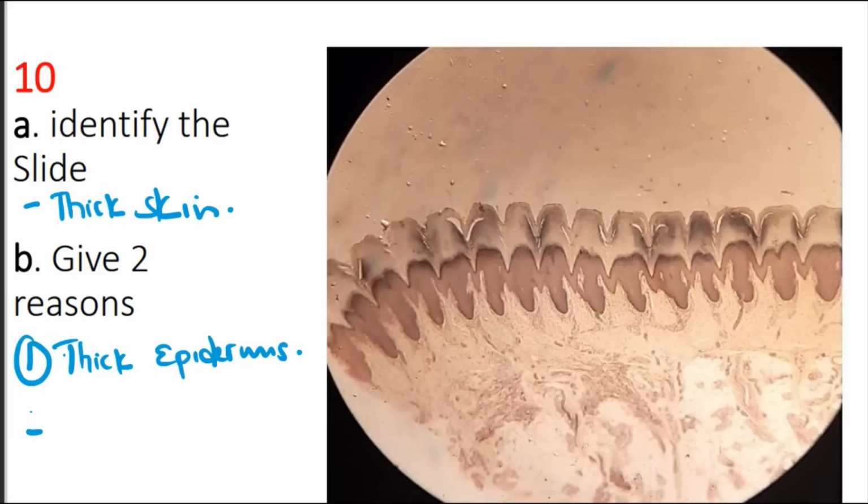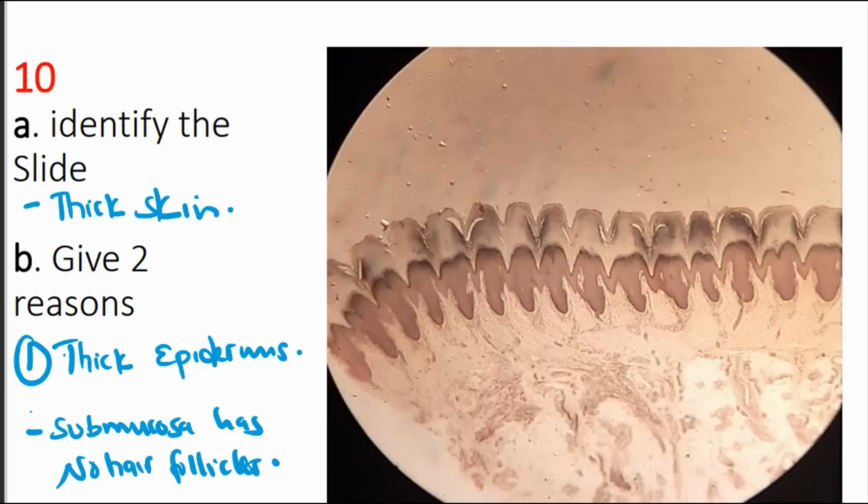Number 2, the dermis has no glands and no hair follicles. Those can be your 2 reasons, but concentrate mostly on the things that you can see before you come to the negatives. That is how you answer histology questions.